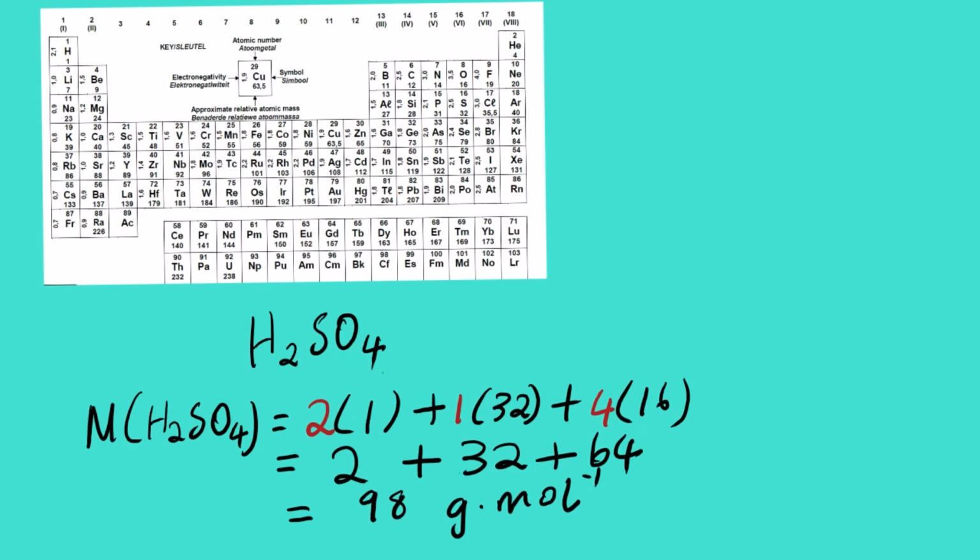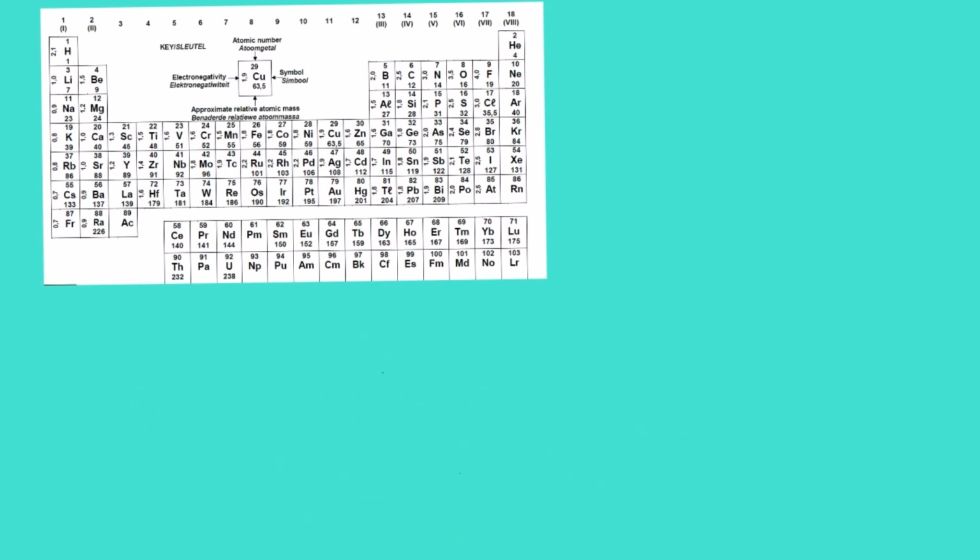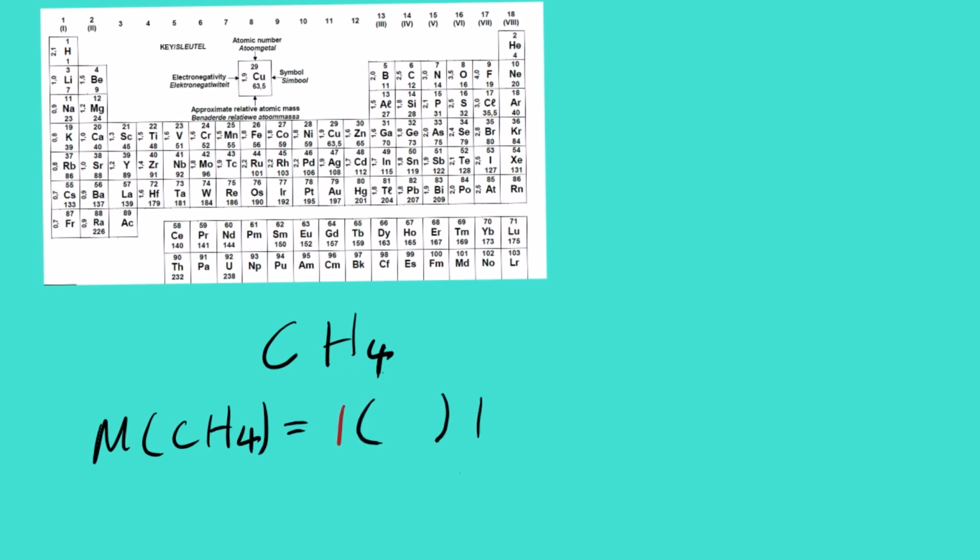Let us look at another exercise. Methane. Now the molar mass of methane, you can see we have 1 atom of carbon plus 4 atoms of hydrogen.